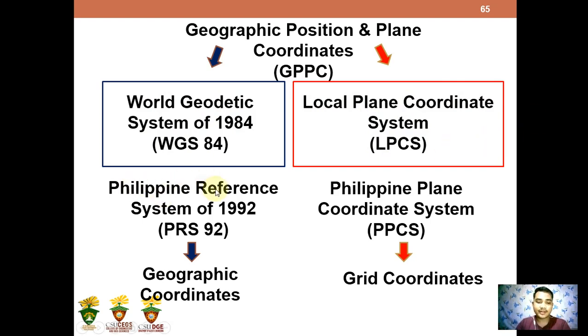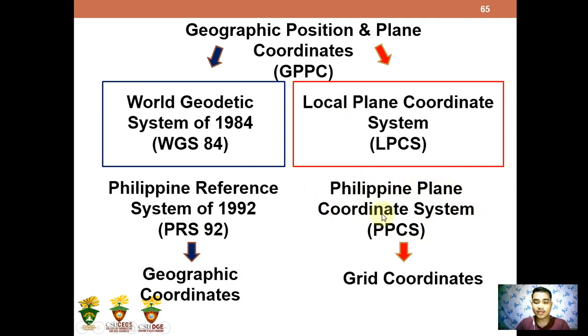And we have also PRS 1992 or Philippine Reference System, which is gikan siya sa WGS 84 ellipsoid no? And ang iyang output is geographic coordinates kanang ato ang makita nga latitude and longitude sa isa ka muhon or monument, and sa PPCS pod from Philippine Plane Coordinate System.